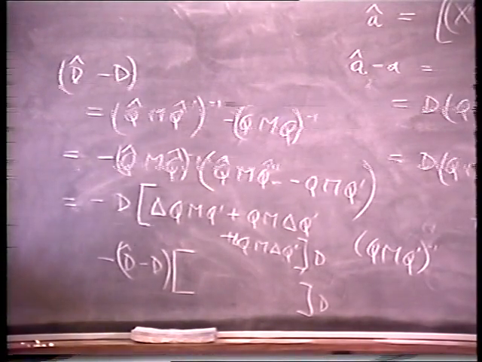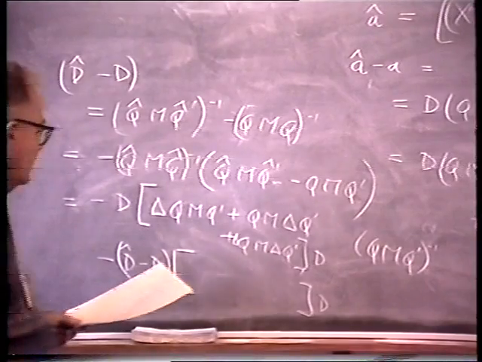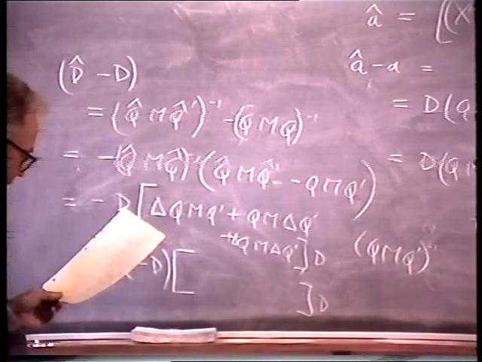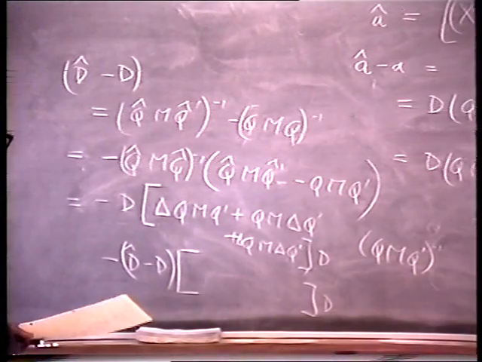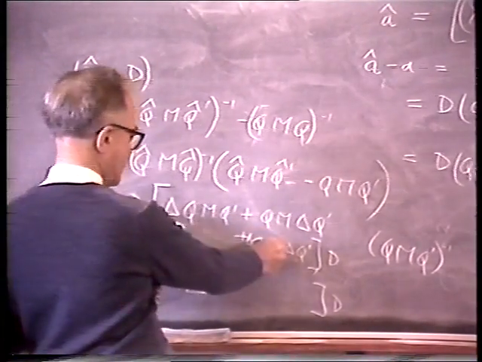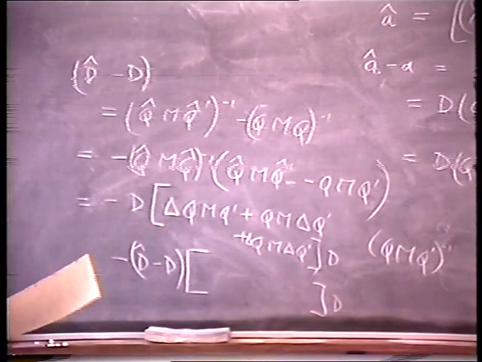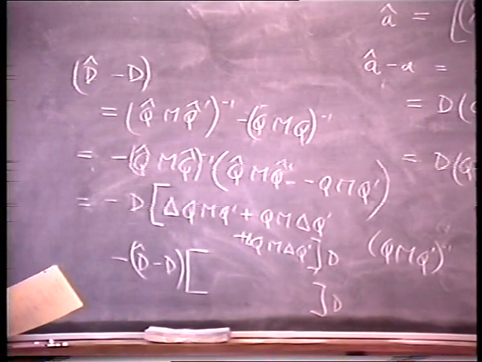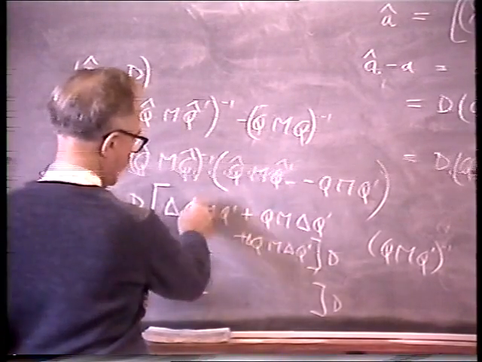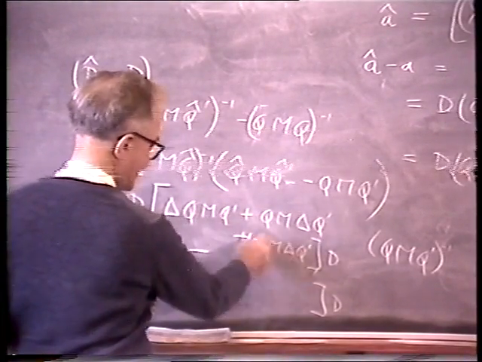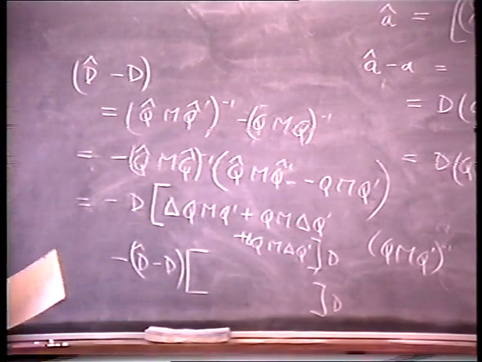Perhaps I should note also, you see, that inside this square bracket we have a term of order t to the minus a half, two terms of order t to the minus a half, and one term of order t to the minus 1.